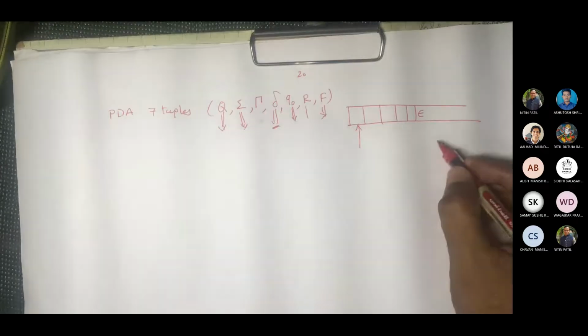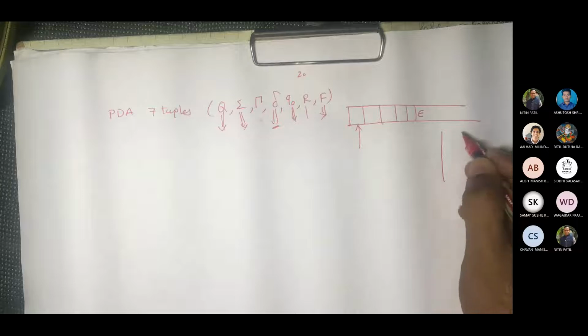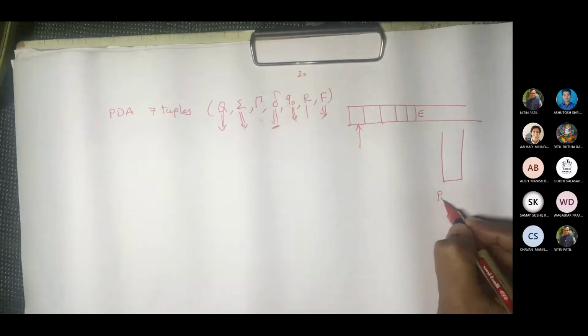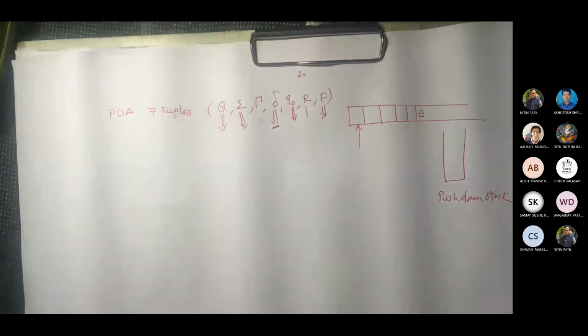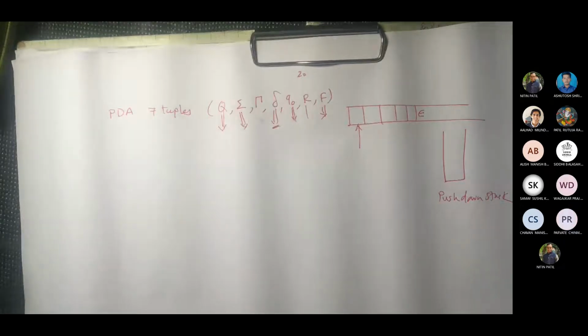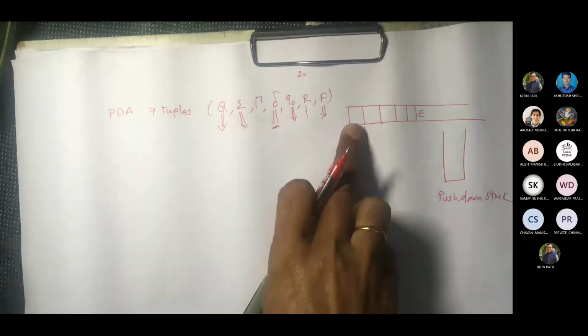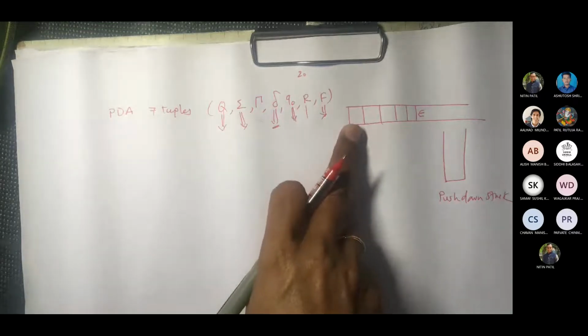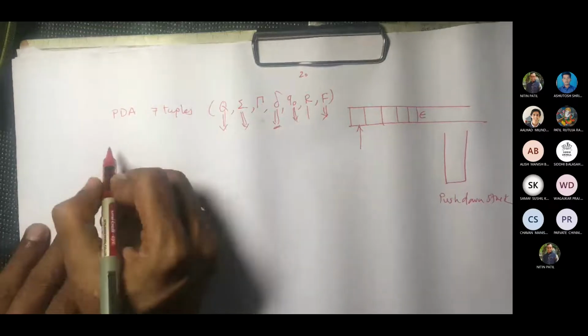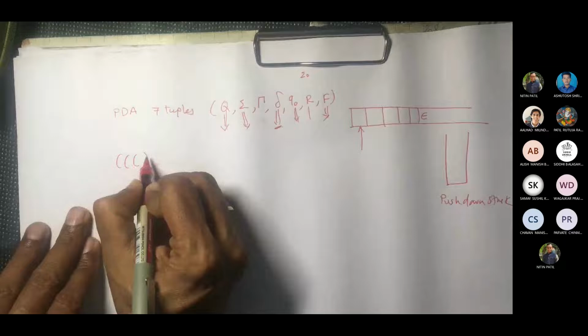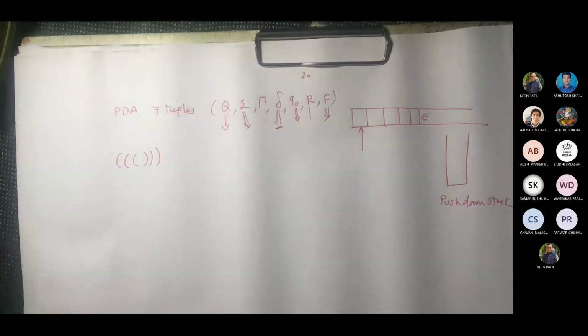We are going to make use of an additional memory called a pushdown stack. This would be useful for keeping information about which symbols we tracked earlier. If we see some symbol here, then we make changes in the stack appropriately. The example I gave in the previous session was matching parentheses.